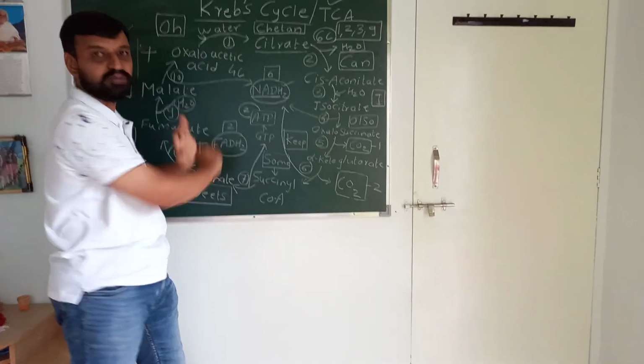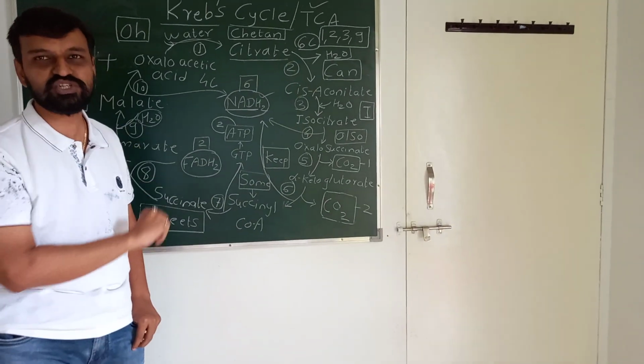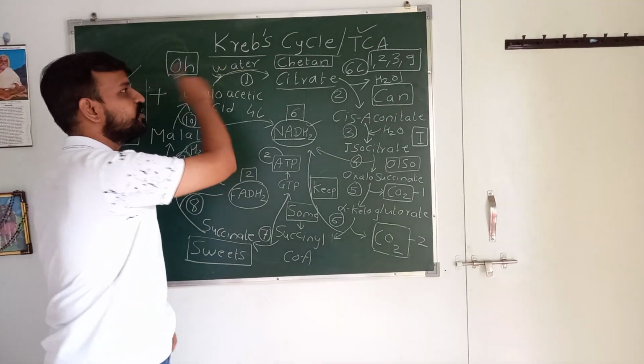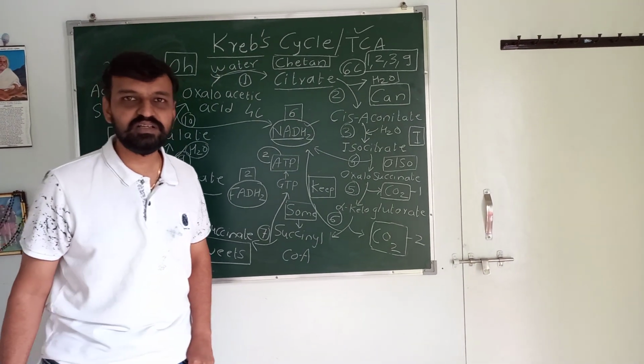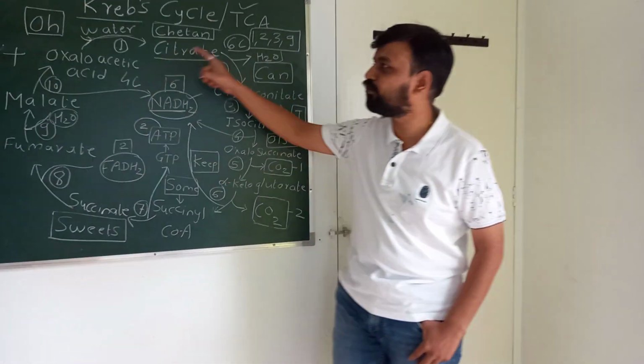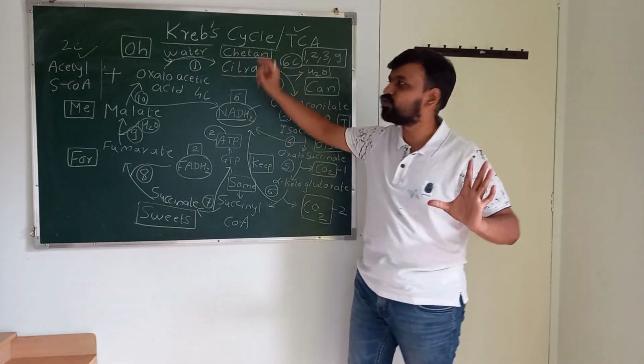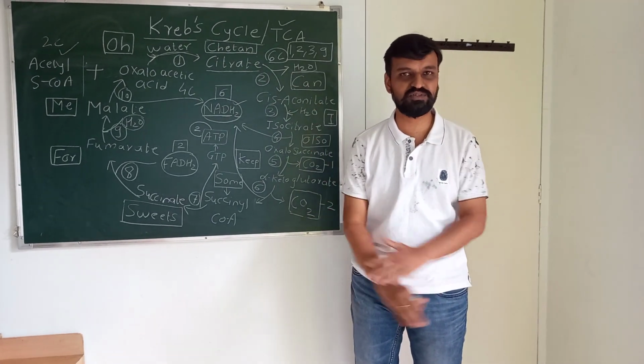Now this is the first step. In this step, the main question is whether a water molecule is involved. So guys, the question comes in NEET in the Krebs cycle: which of the following steps require water? Or water is associated with which of the following steps?